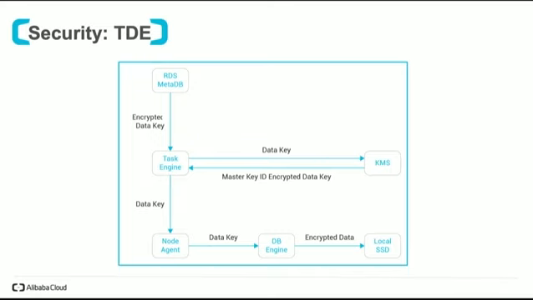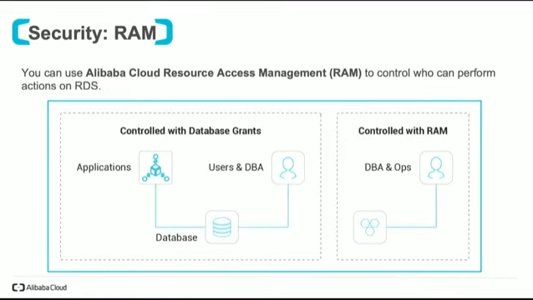And then the KMS will manage this key for you. I will give you a quick demo of this TDE feature later on. And as a general best practice, we would recommend you to use Resource Access Management to define policies on who has what access to the database.